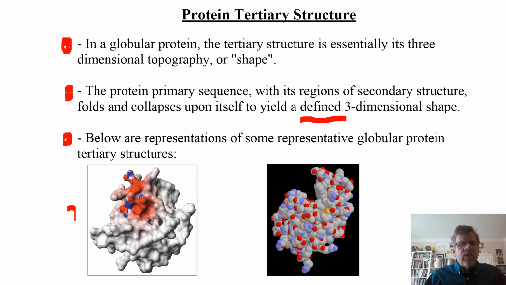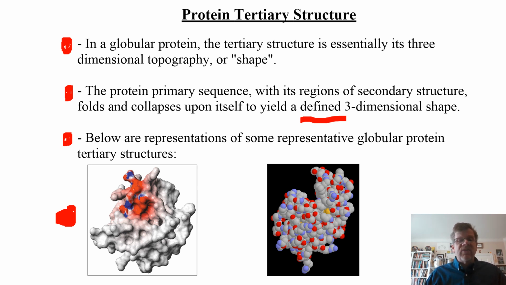Looking over here on the left-hand side, we see one way of representing a particular globular protein's tertiary structure, and I should say that these representations of protein structure are derived from actual instrumentation through computer generation of an actual shape of a protein. It is not complete guesswork or just a random glob.